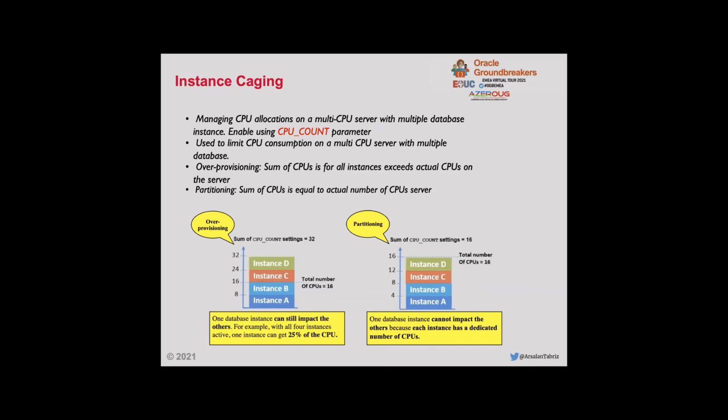Instance caging has two methods: provisioning or partitioning. Provisioning means the sum of CPUs for all instances exceeds the actual CPUs on the server. Partitioning means the sum of CPUs is equal to the actual number of CPUs on the server.